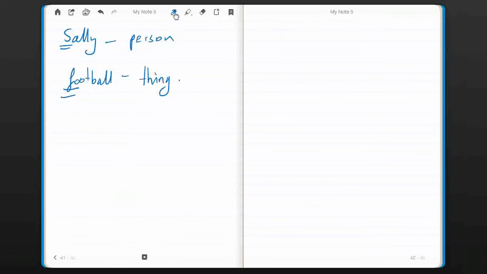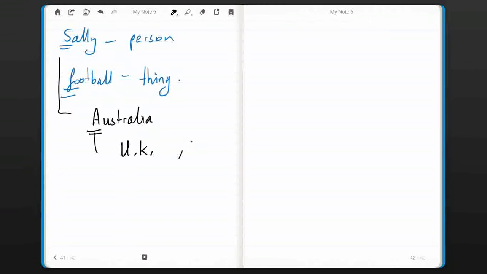Okay, so to move on once again, we also have the thing that confuses people with proper nouns again, and that is that places should also have capital letters. Okay, Australia should have a capital letter, and even if you've got a kind of abbreviated name like the UK or the USA, you need to have capitals for all of those letters in there because they represent names.